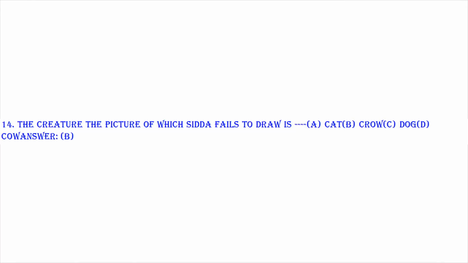The language in which Leela knew 2 or 3 letters is: A. English, B. Spanish, C. German, D. French. Answer, A. 14. The creature the picture of which Siddha fails to draw is: A. Cat, B. Crow, C. Dog, D. Cow. Answer, B.